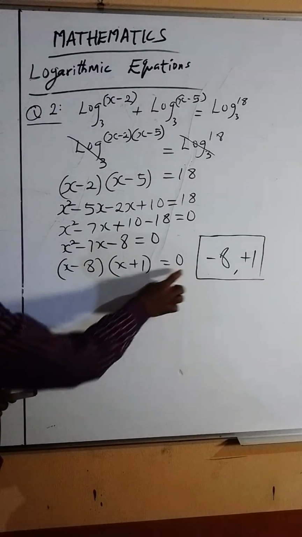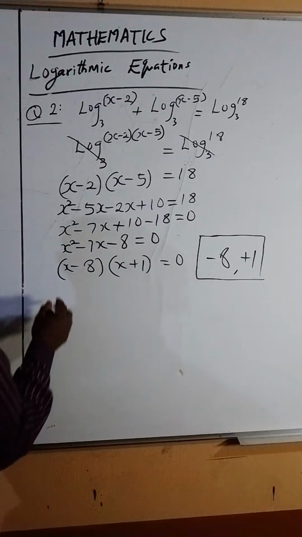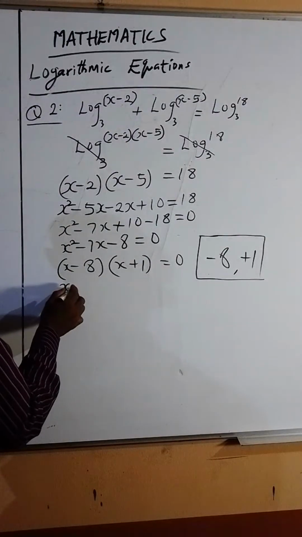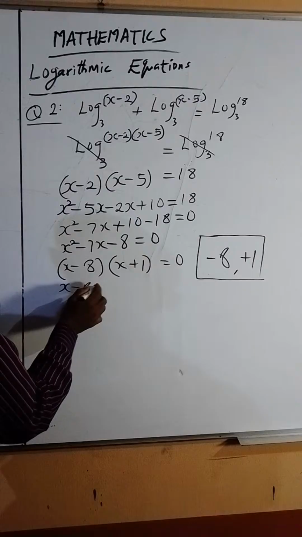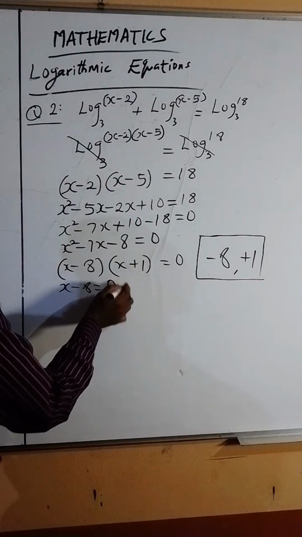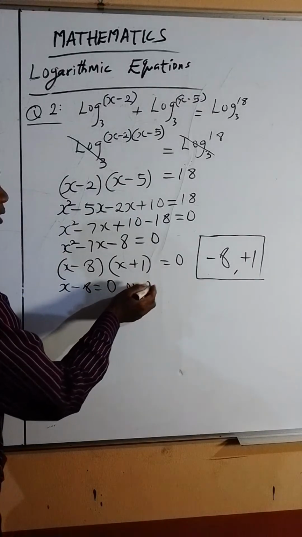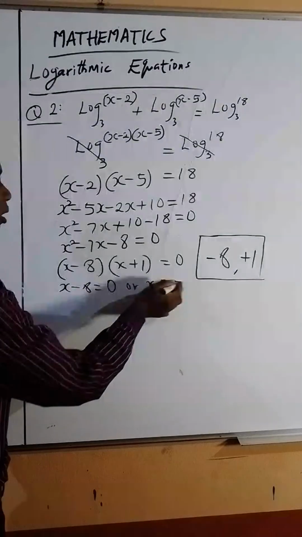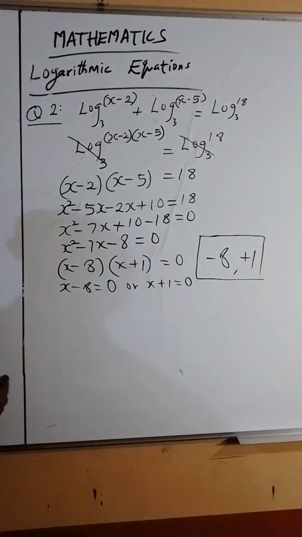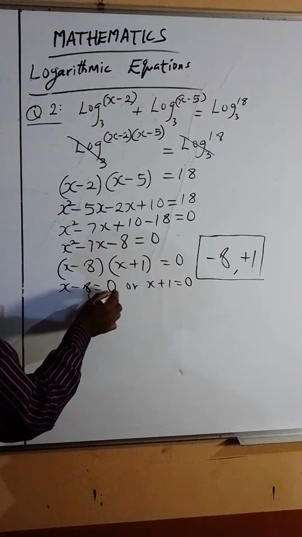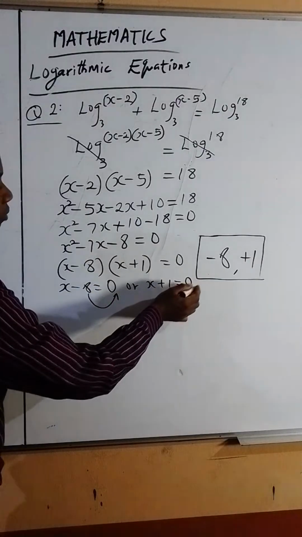Then we equate each of them to 0. So we are now going to have x minus 8 equal to 0, or we are going to have x plus 1 equal to 0. Then we can simply transfer each of these.